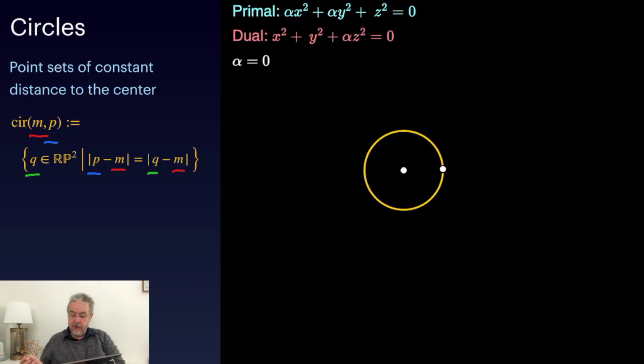It's like how you would define a circle in usual geometry. Take a center, take a point on the perimeter, and take all the points that have the same distance to this point.